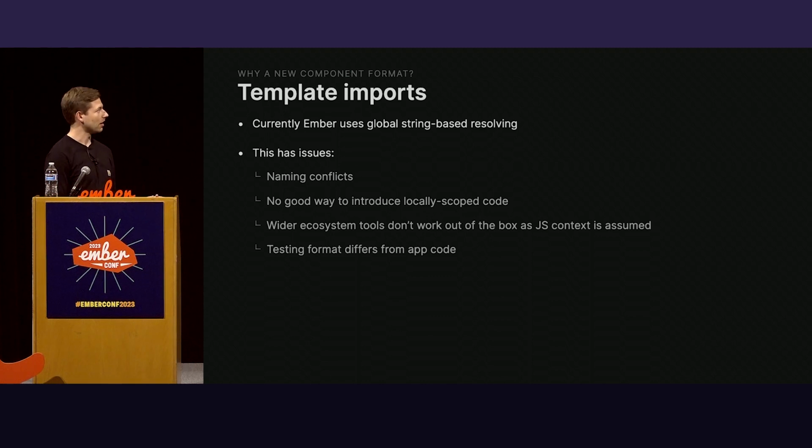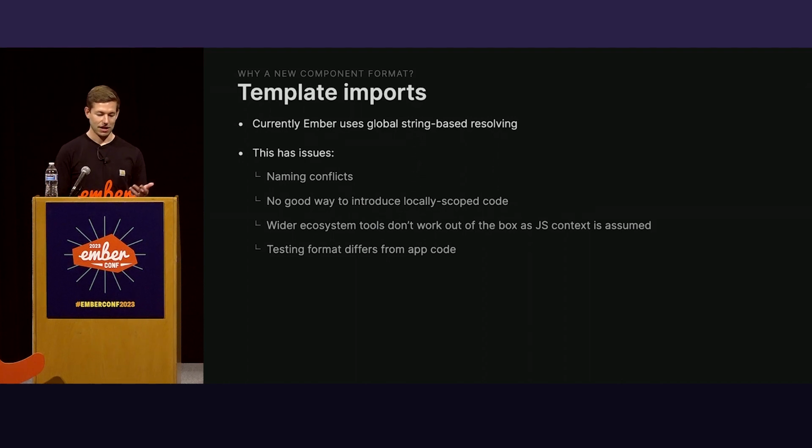For example, naming issues. If you have an add-on that ships a helper with a certain name, but you also have one in your own application with the same name, it will collide, and the one from your application will overwrite the one from the add-on, which is not good. It's also really hard to have locally scoped code, and this is the thing that Yehuda also quickly mentioned in the keynote.